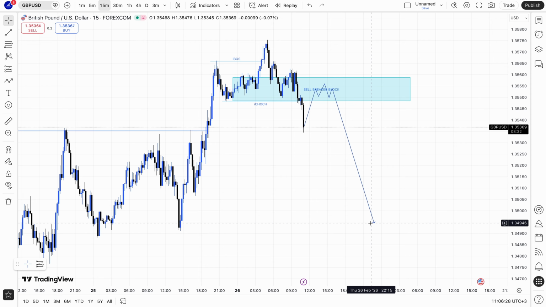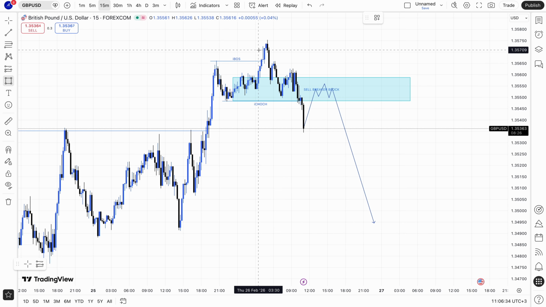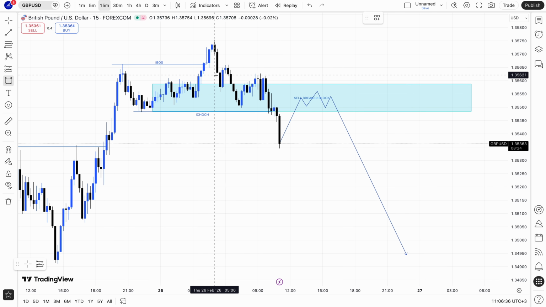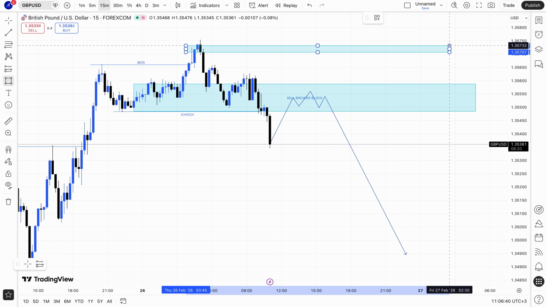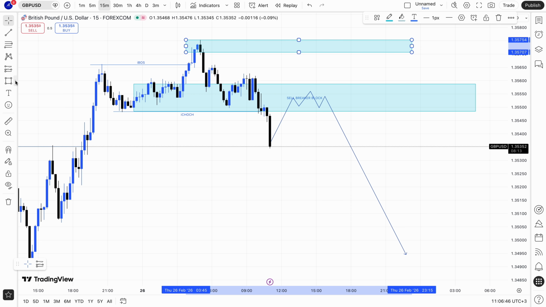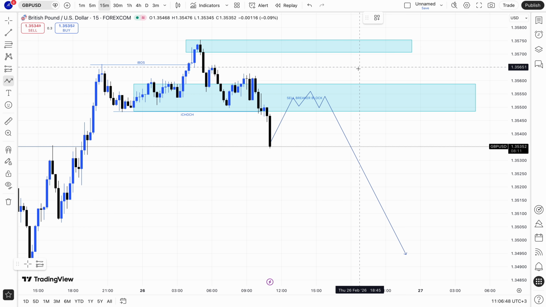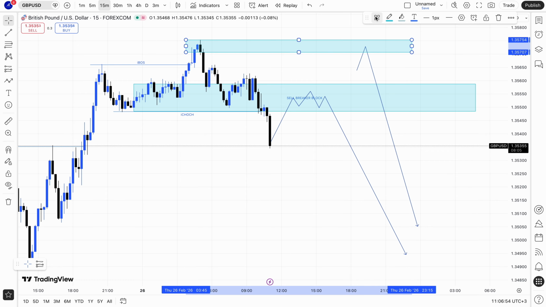And scenario number 2, if the price still disrespects this breaker block and goes up to this side, up to here, then we're gonna wait for the price to come here, tap into this sell order block, which is here.